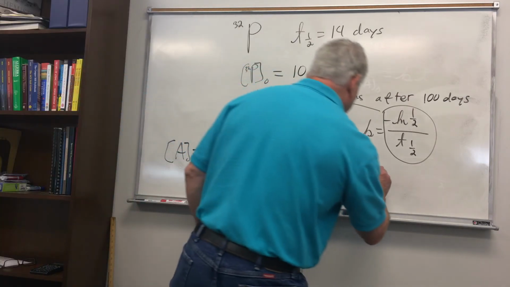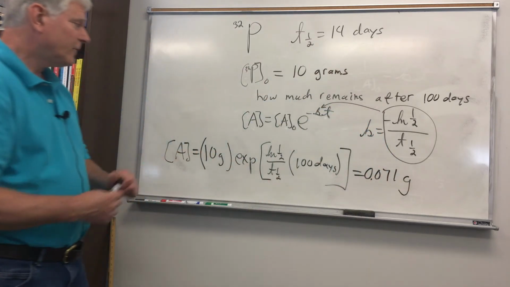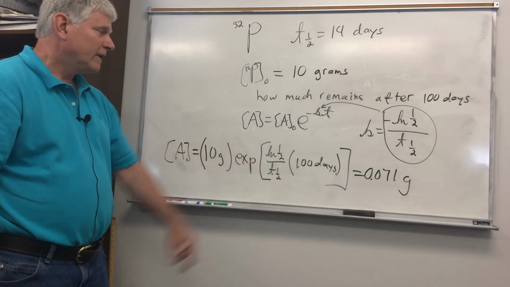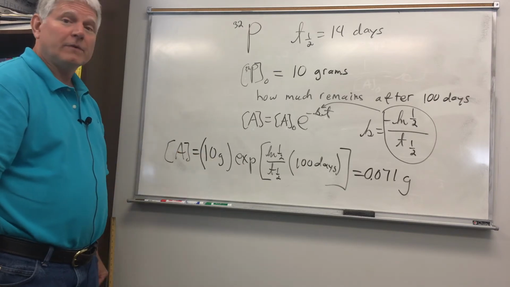This gives me 0.071 grams. So after 100 days, I only have 0.07 grams left when I started with 10 grams.